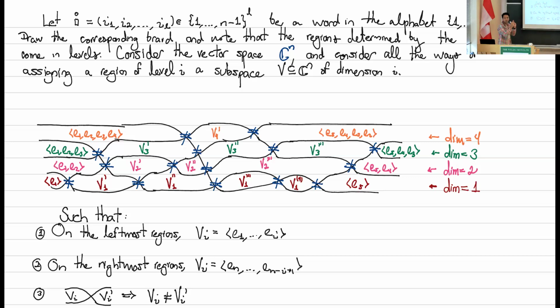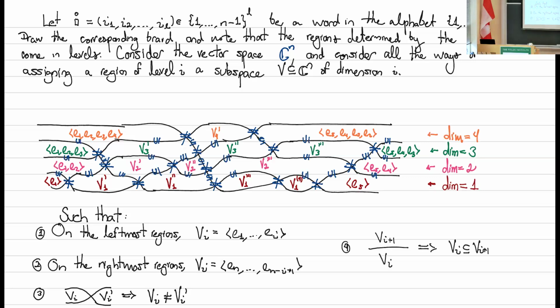But I just don't want consecutive spaces to be the same. And finally, I want neighbor regions to be labeled by spaces that are contained within each other. So if I have Vi on bottom and Vi plus 1 on top, I want Vi to be a subspace of Vi plus 1. Okay?